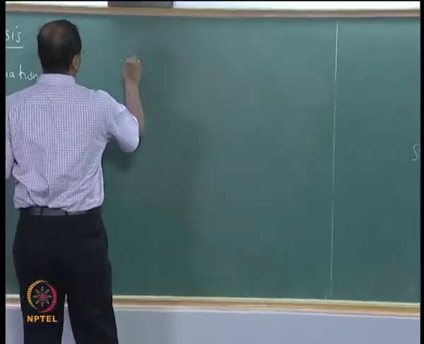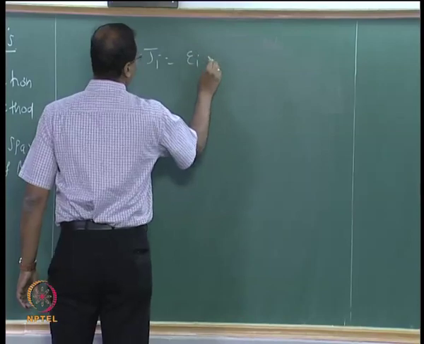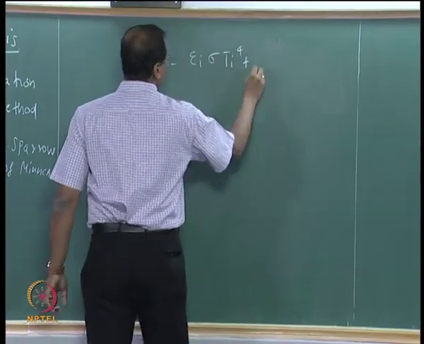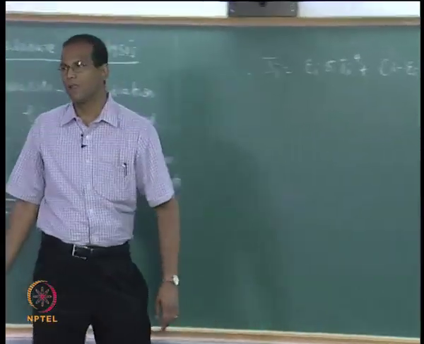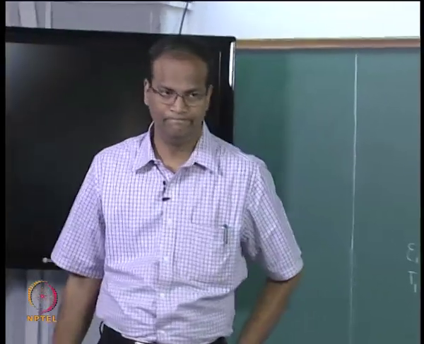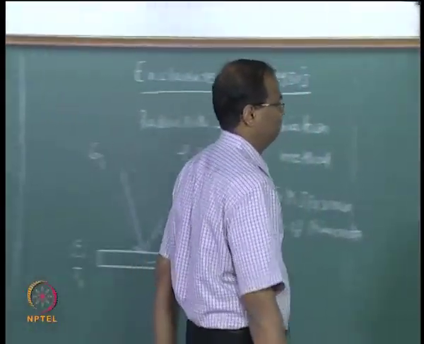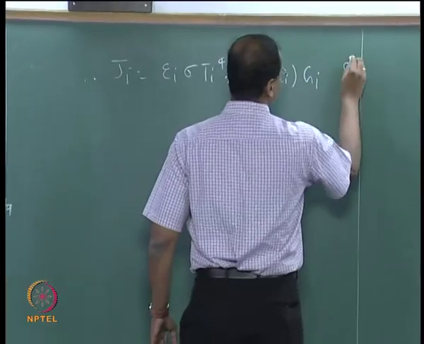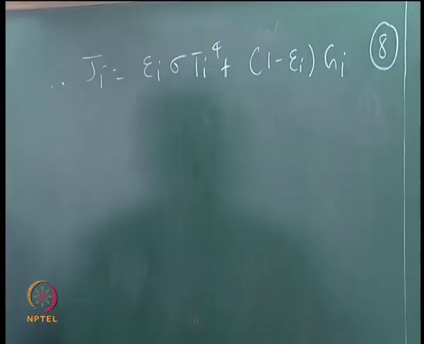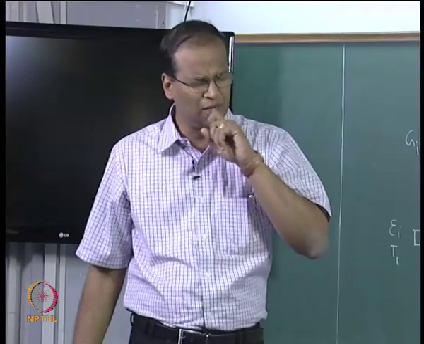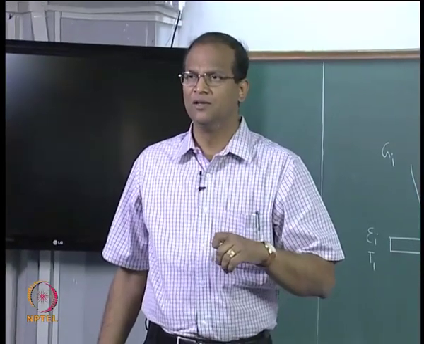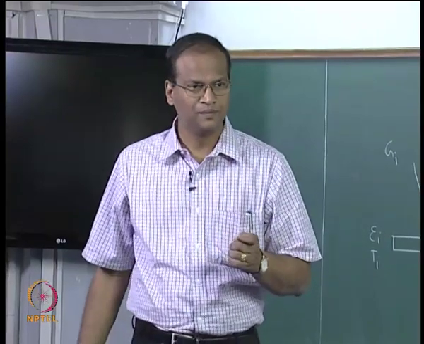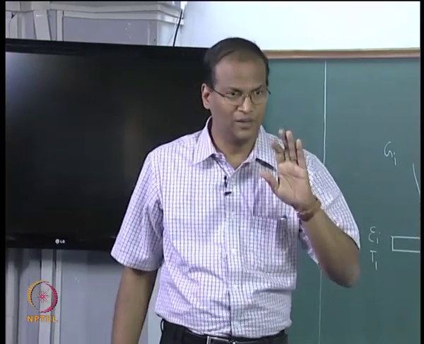Therefore, if you want to calculate the radiosity from a particular surface, you need to know the emissivity, you need to know the temperature, and you need to know the irradiation falling on that surface.